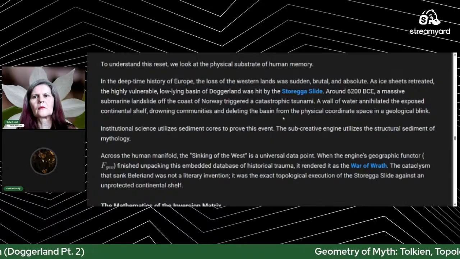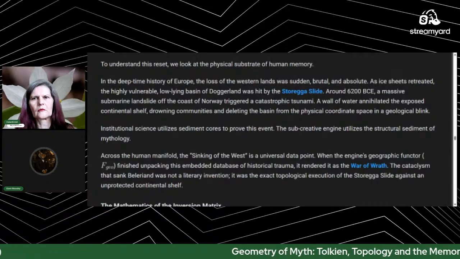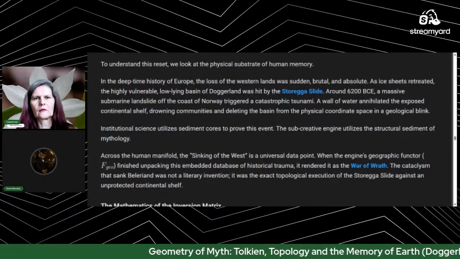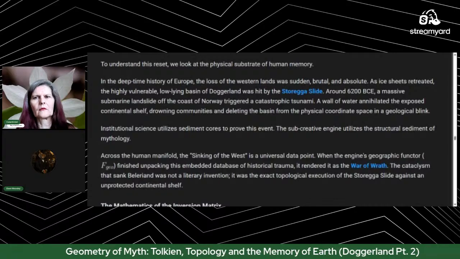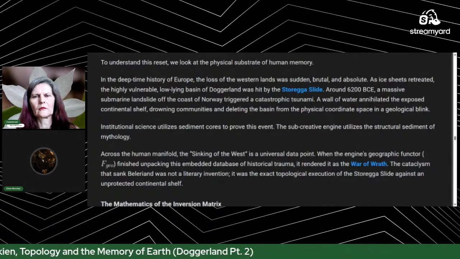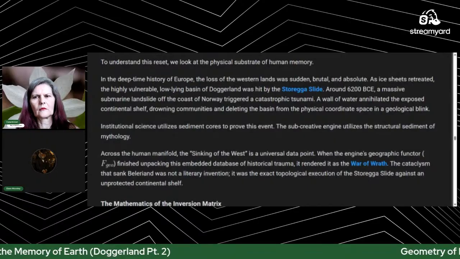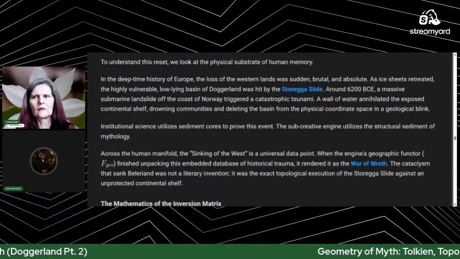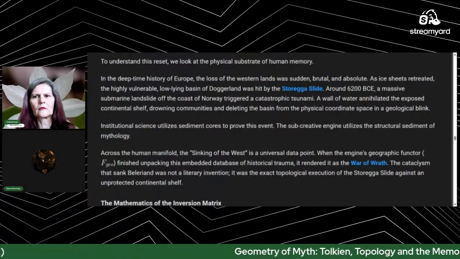At around 6200 BCE, a massive submarine landslide off the coast of Norway triggered a catastrophic tsunami. A wall of water annihilated the exposed continental shelf, drowning communities and deleting the basin from the physical coordinate space in a geological blink.